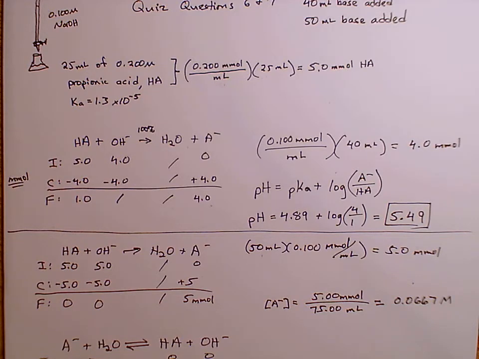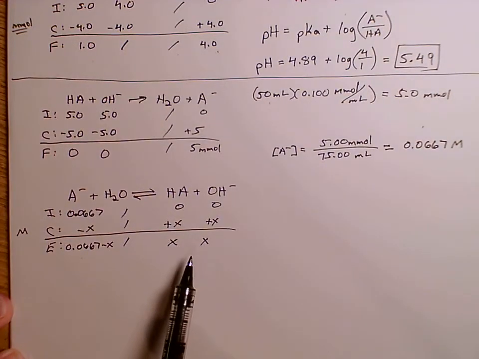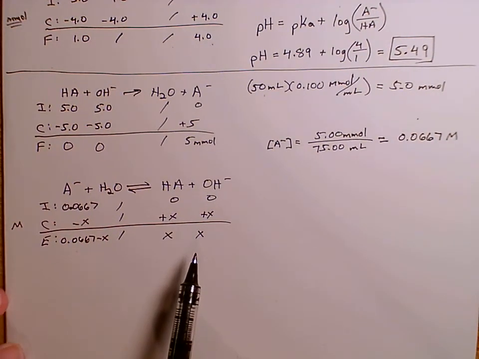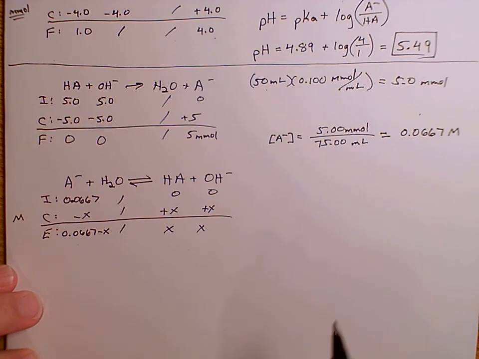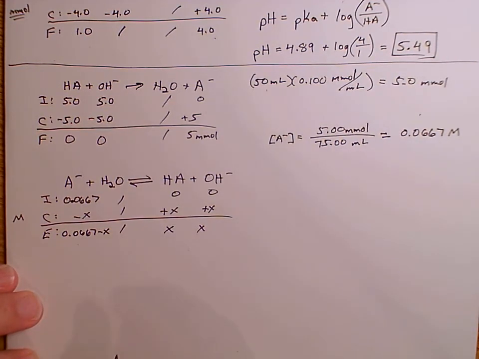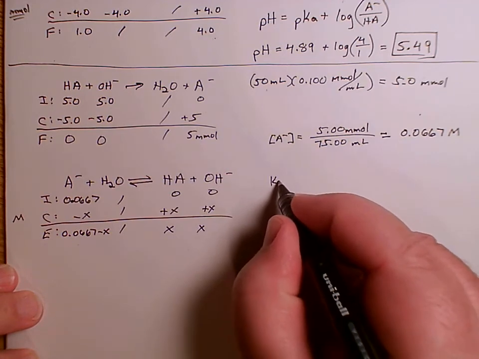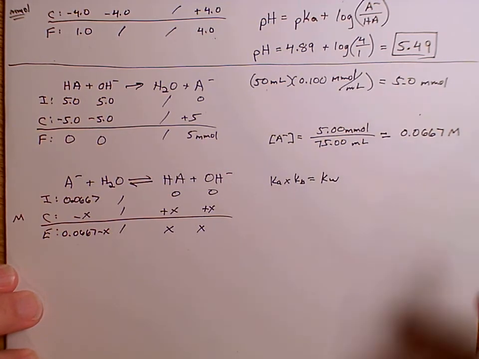And then we have to realize, okay, so we need to plug this into the equilibrium expression here. But we've got a problem in that this is A minus, the conjugate base of the acid. So we need the Kb value here. We recall that Ka times Kb equals Kw.